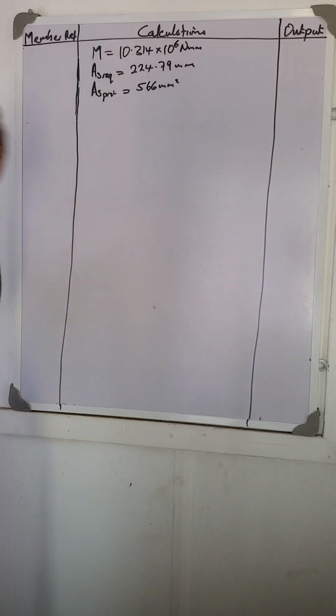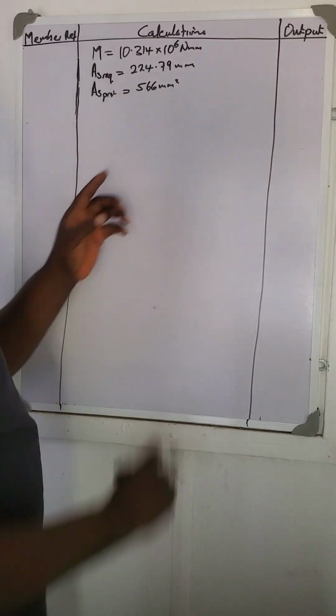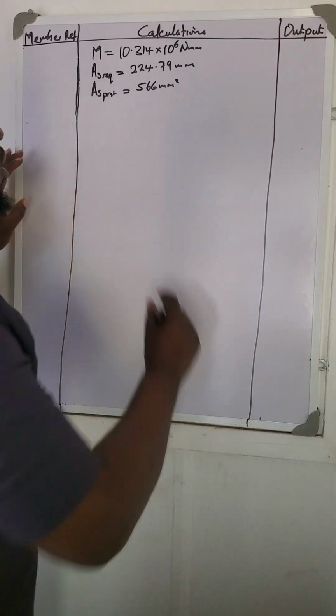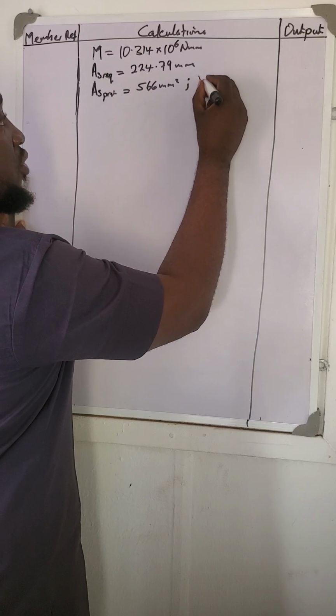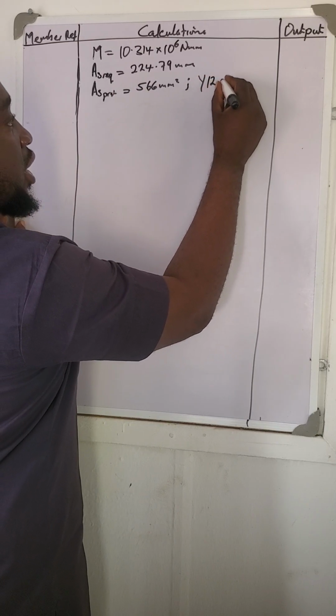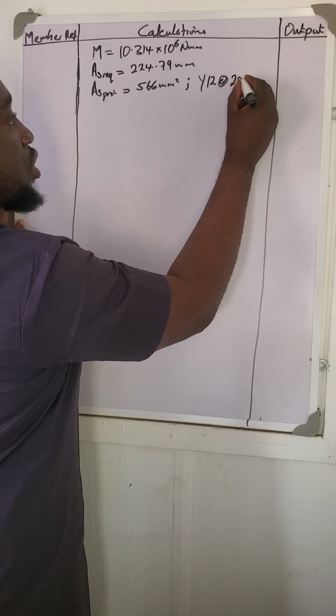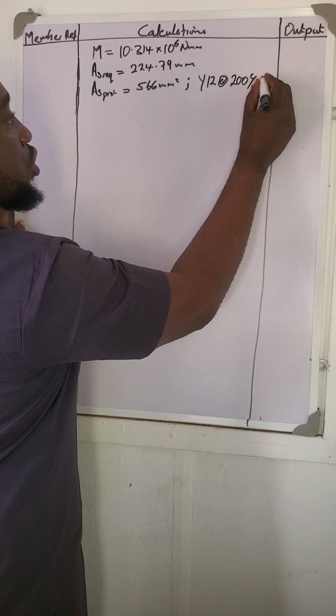All right. We provided this AS, which is the reinforcement Y12 at 200 center to center bottom.